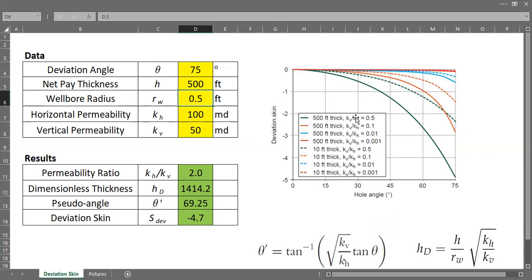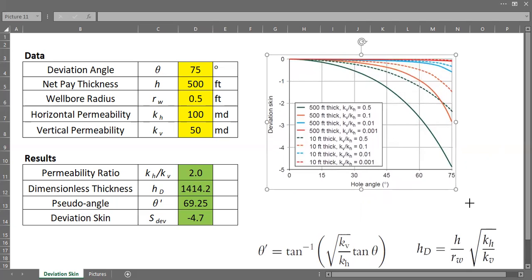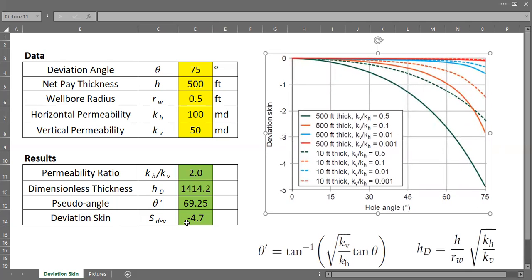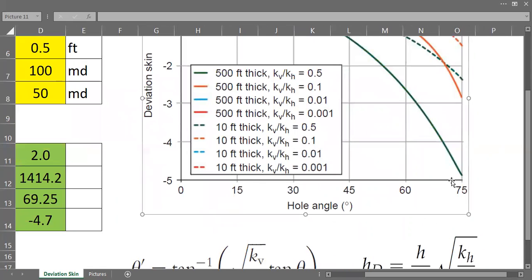Then our kV by kh is 0.5. And you can see we get deviation skin of minus 4.7. And if you go there, it is consistent because the skin in this plot for our case is also close to minus 4.7.